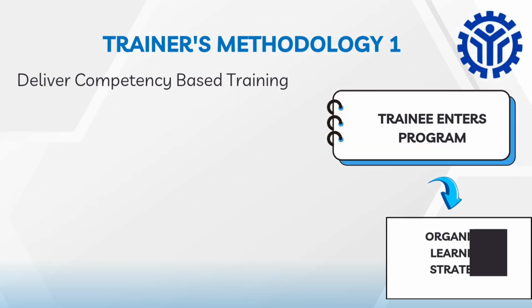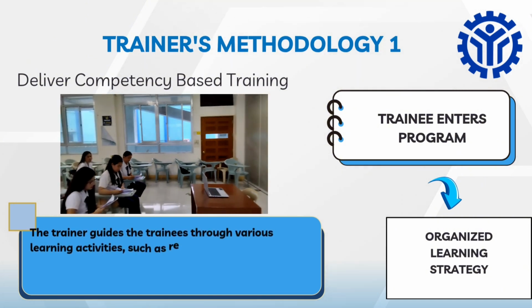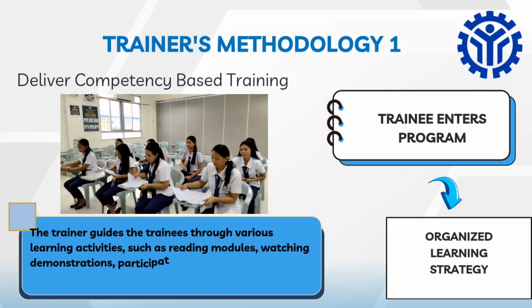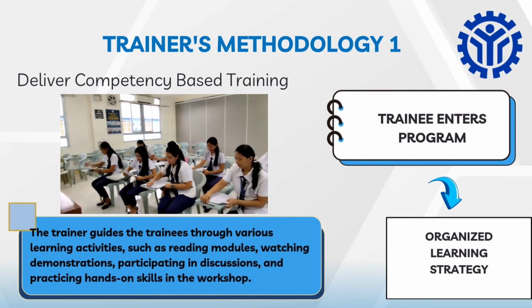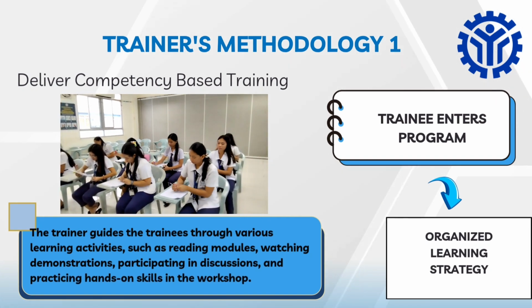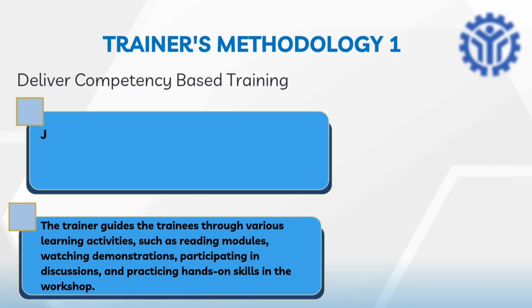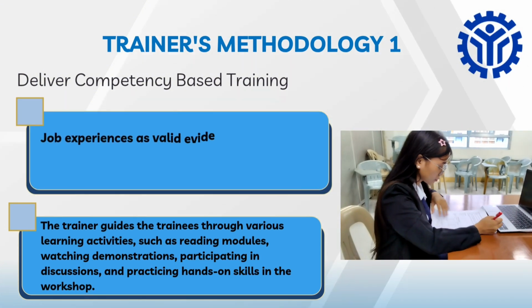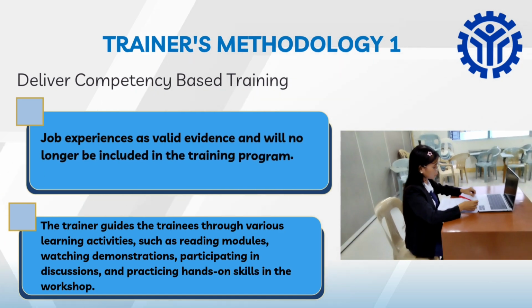After identifying each trainee's need and level, the trainer plans a suitable learning strategy. This includes choosing the right methods, materials, and activities that will help the trainee achieve the required competencies effectively. Job experiences are accepted as valid evidence and will no longer be included in the training program.